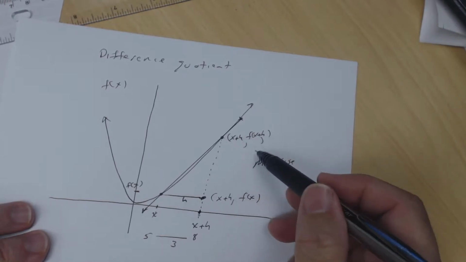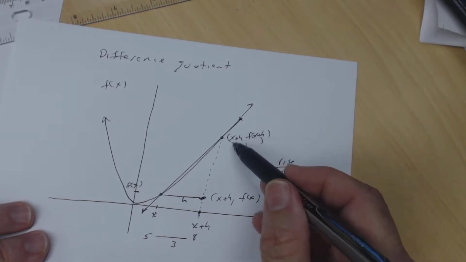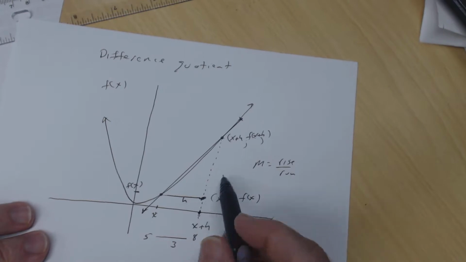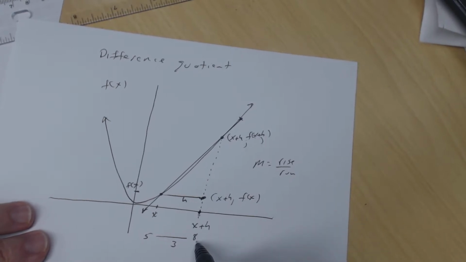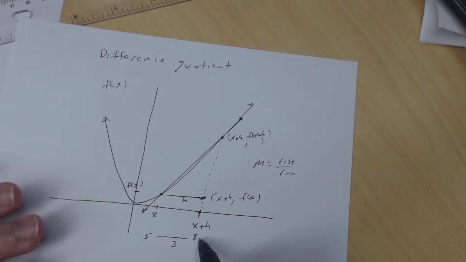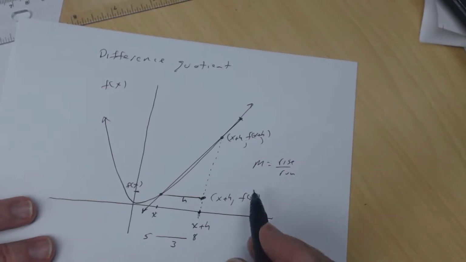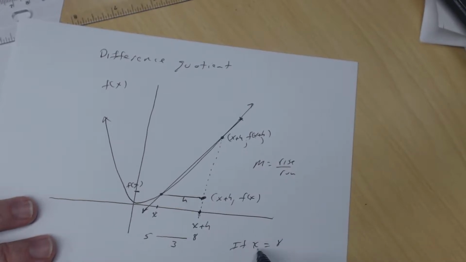That's why you see an x plus h. And this other point has x-coordinate x and y-coordinate f of x. For example, if this x-coordinate is 8, I'm making this up, then the y-coordinate will be f of 8. If x is 8, then y would be f of 8. I'm trying to make a connection between this and this.